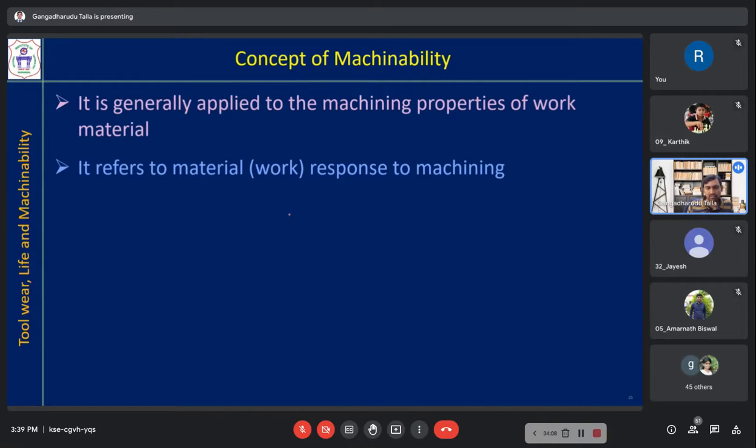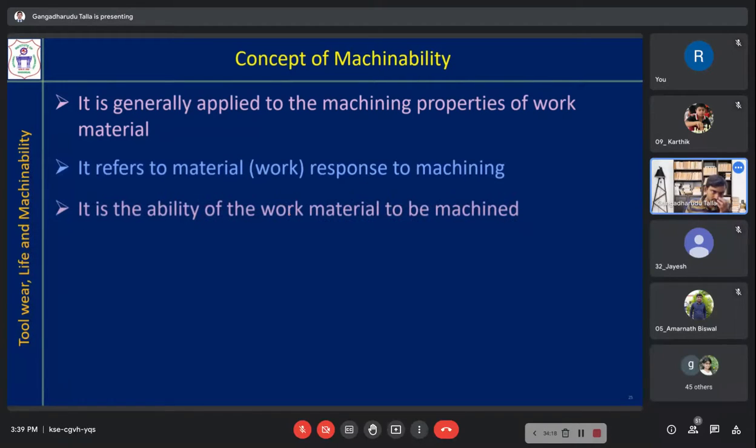If you are trying to cut it on a lathe machine or a milling machine, how the workpiece is behaving. You can also say machinability is the ability of the work material to be machined. These are different versions of defining machinability.